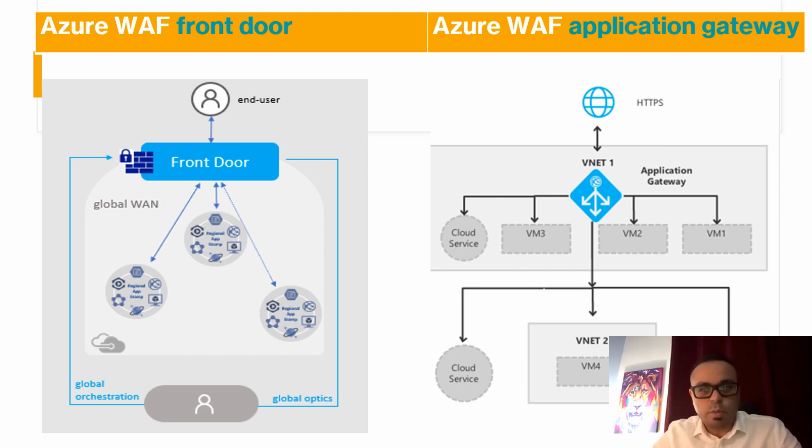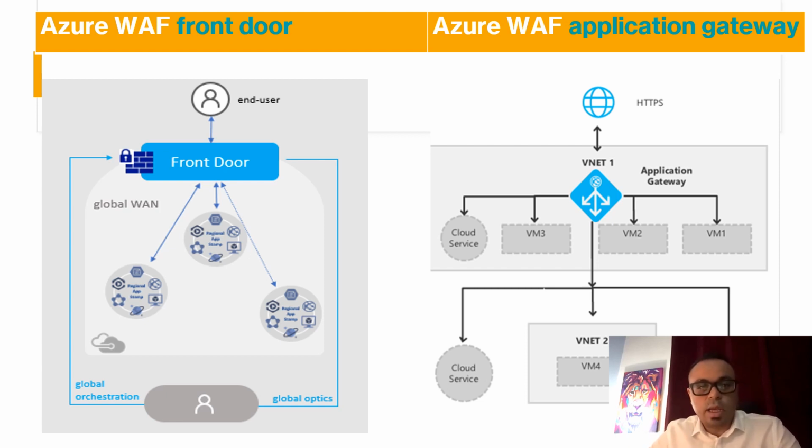So we have the normal load balancer, we have Front Door, we have Application Gateway, but Azure Front Door and Application Gateway have, as I mentioned, similar functionality, which means they are layer 7 load balancers. And again, the secret is where you will apply the load balancer.